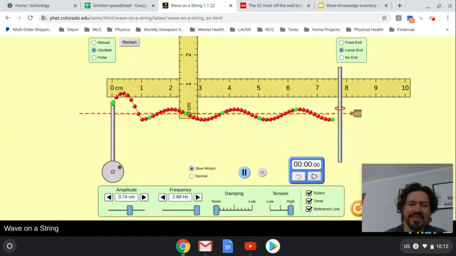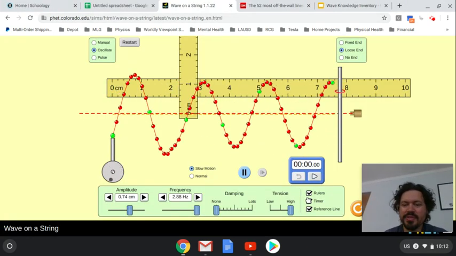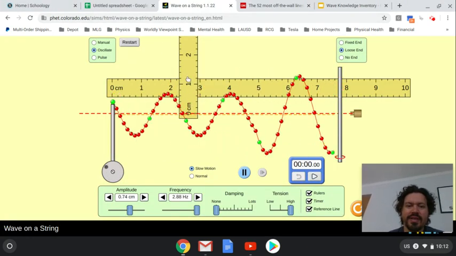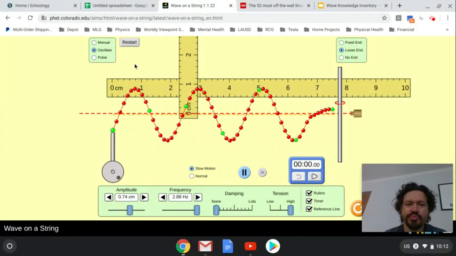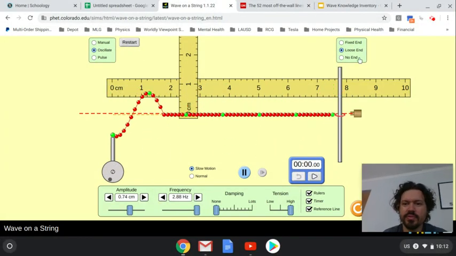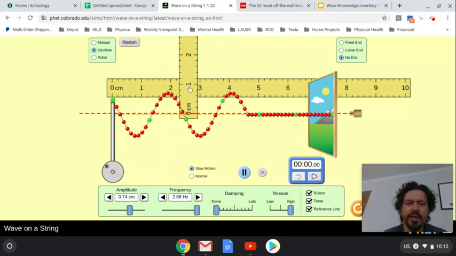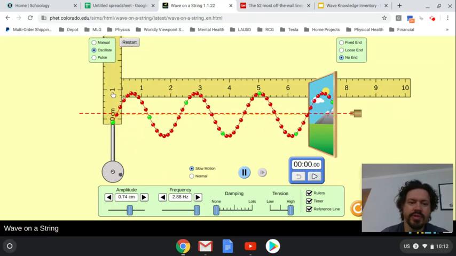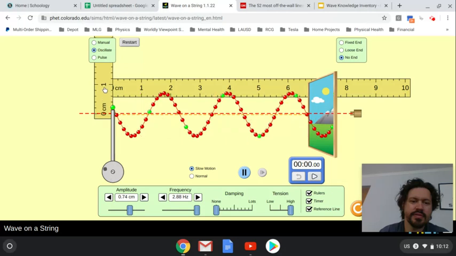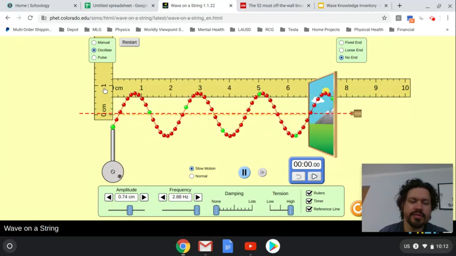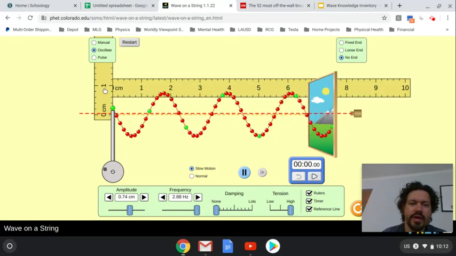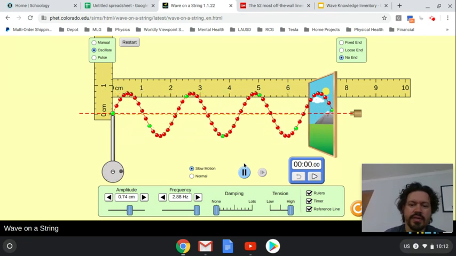So you can turn on the ruler right here, and let's do this. And then you want to put your 0 line at the 0, and you can get a height.